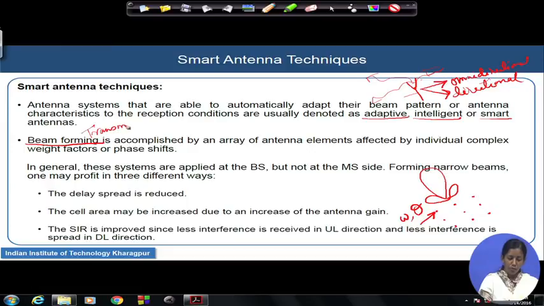But in tomorrow's communication systems, we will see that beamforming is also done in the mobile station, the handset, which is a receiver as well as a transmitter. So, inside the mobile handset, sometimes we use the beamforming architecture. In the future, you will see both transmit as well as receive beamforming.